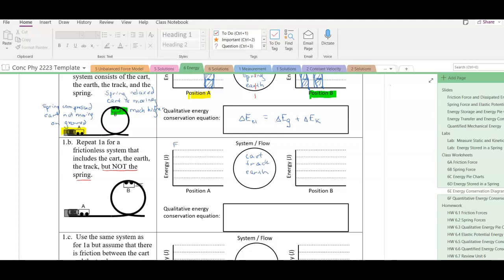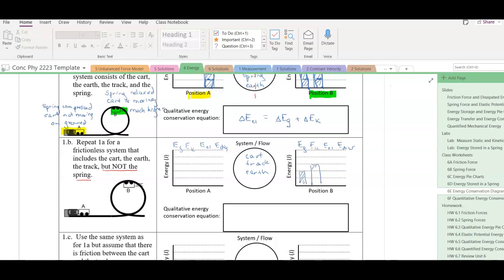So, since the spring is not part of the system, I can't have any energy now stored as elastic potential energy. And so at the beginning, the cart and the track and the earth, they're not moving, they're not above the earth, so they really don't have any mechanical energy. But at the end, they still have the gravitational and kinetic that we were talking about, right?